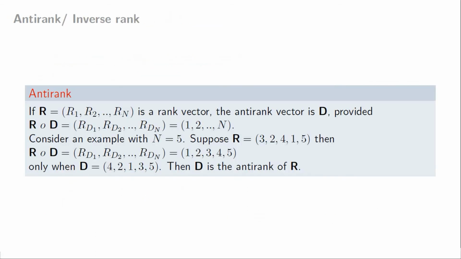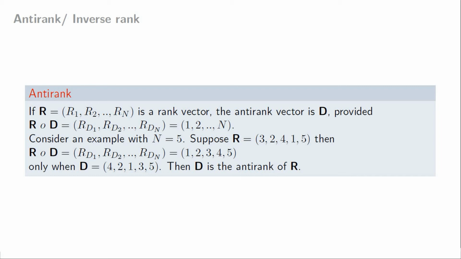Next, we shall introduce the concept of antirank or inverse rank. If R1, R2, ..., Rn is a rank vector, the antirank vector D is given by the composite function R of D, which is R(D1), R(D2), ..., R(Dn), such that it gives the numbers in the natural order.